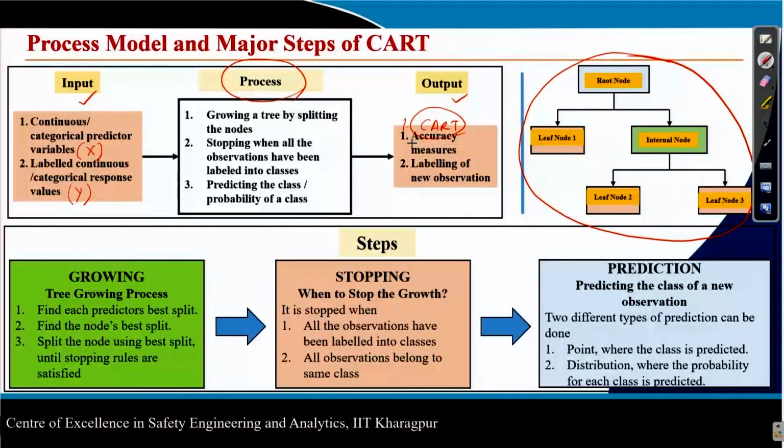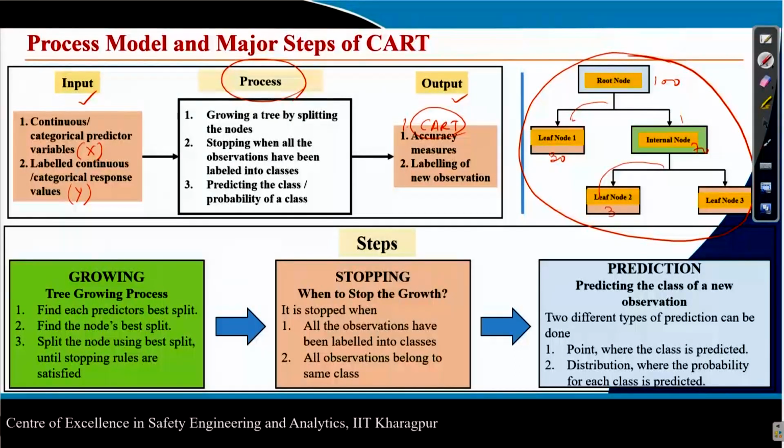Another important output is, you have seen that when you are splitting the data into different parts, suppose the root node has 100 observations. When you split into two parts, maybe here you get 30 observations, here you get 70 observations.